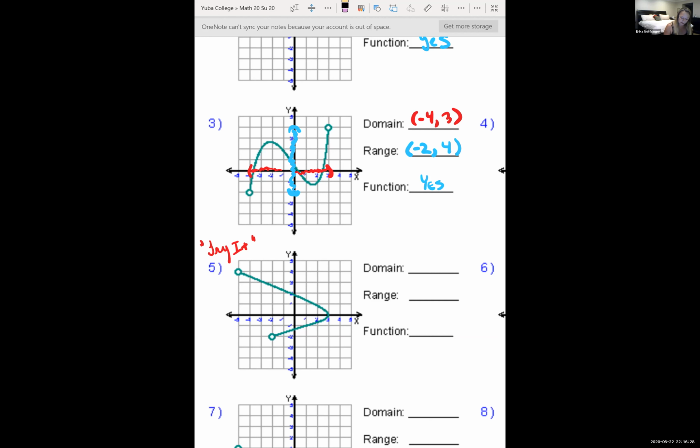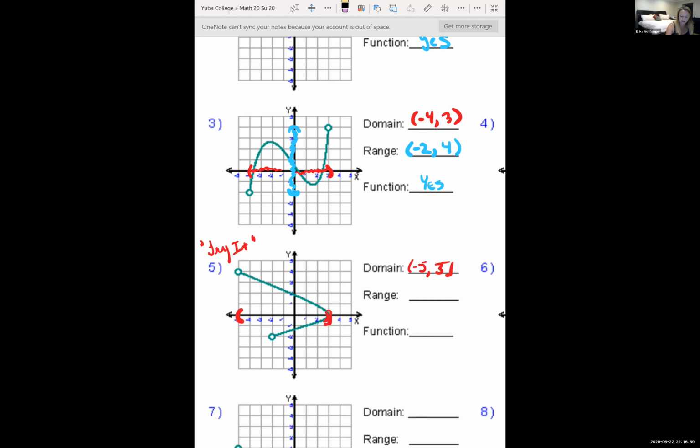There's an open point, so the smallest x value I'm getting close to is -5, not included because of the open circle, comma, and the largest value is 3. It is actually hitting 3, that's a point on the circle, so I include that value.